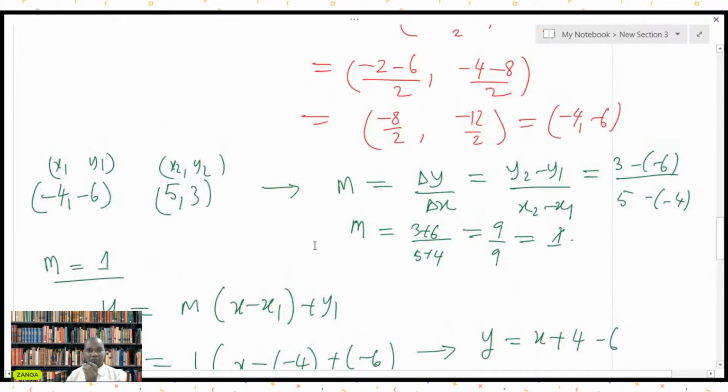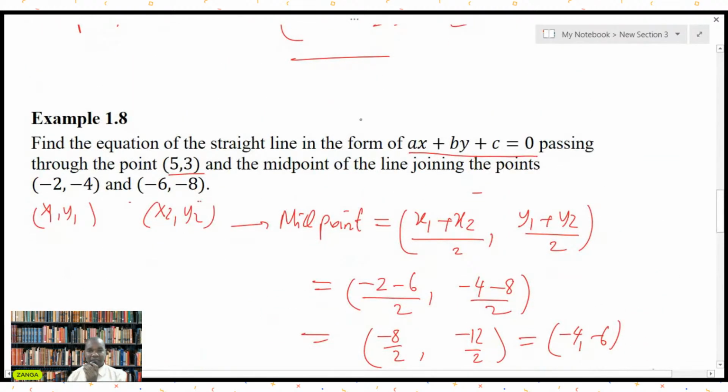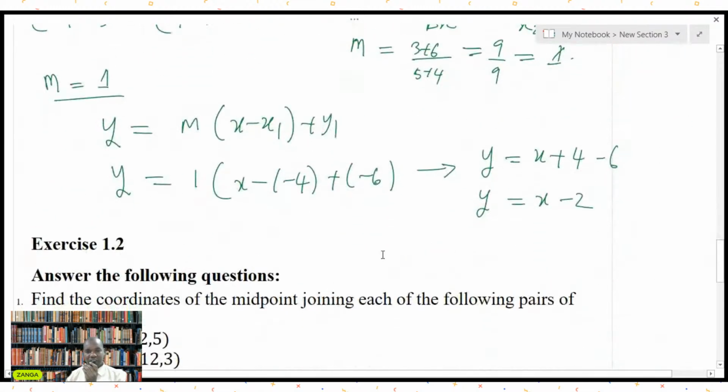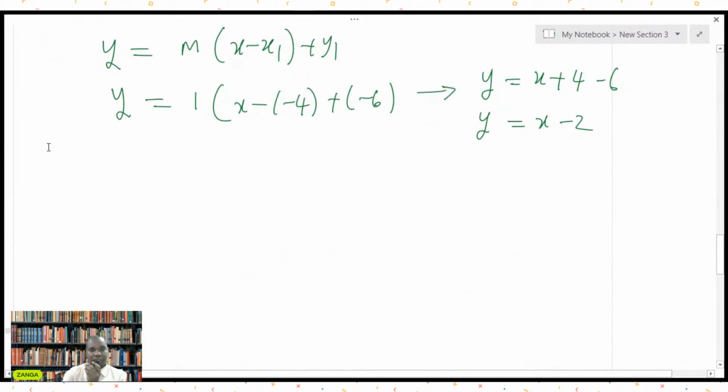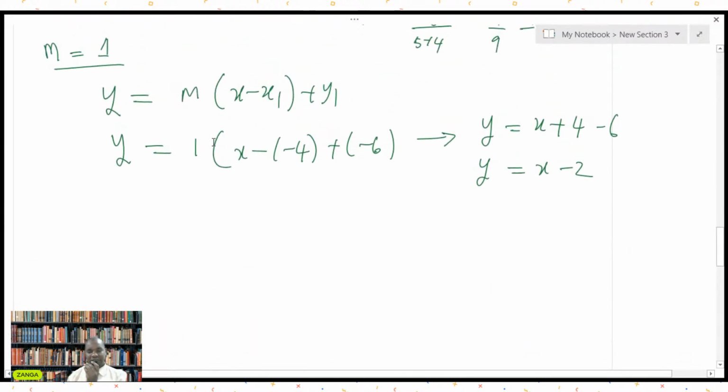We were supposed to find the equation in the form of ax plus by plus c. So we have to rearrange the equation in such a way that it obeys the given format.